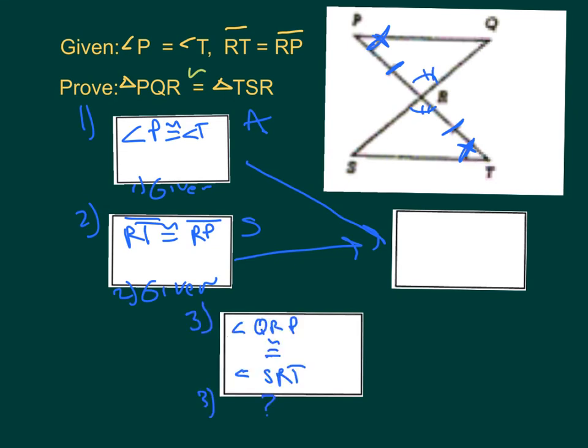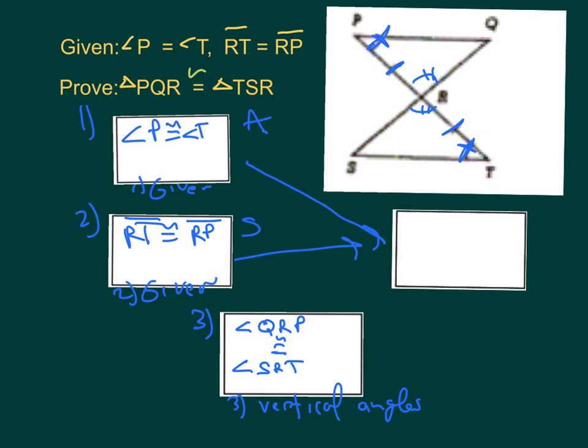So we have this box filled in. The last question: why can we say that those 2 angles are congruent? It doesn't really have anything to do with triangles, but what type of angles are those 2 angles? They're vertical angles. So we can say that they're congruent because they are vertical angles.